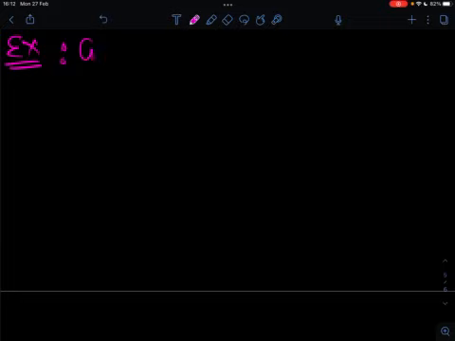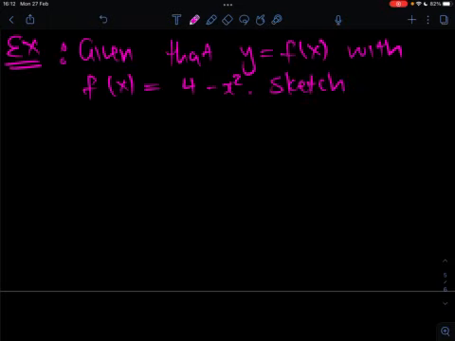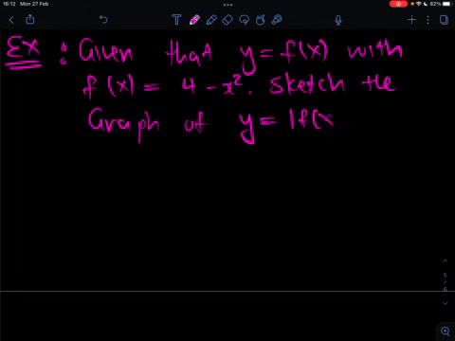So given that y is equal to f of x, with f of x equal to 4 minus x squared, sketch the graph of y is equal to the absolute of f of x, like that.